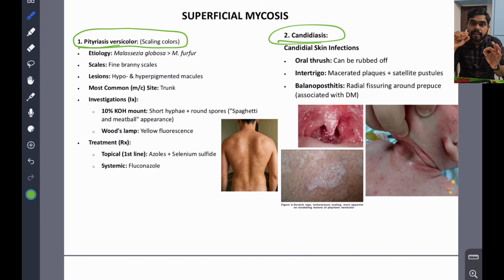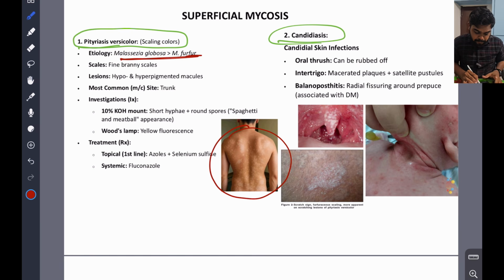So the name Pityriasis versicolor means a variety of colors. It is caused by Malassezia globosa or Malassezia furfur, Malassezia species. Here you can see the lesions.